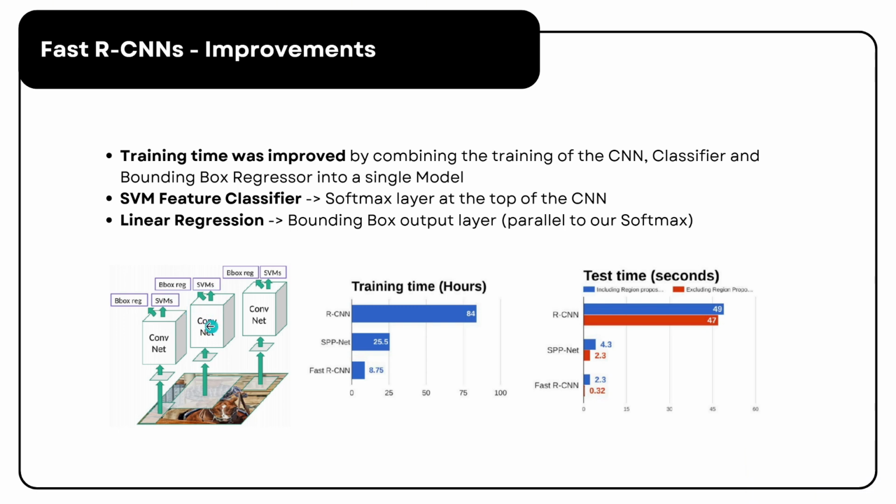Everything here, the classification and bounding box regression, happens inside one network. So Fast RCNN made object detection faster, simpler, and more accurate. But there was still one bottleneck left. Selective search was still used for proposing regions. That led to the next innovation, Faster RCNN, which got rid of the external region proposals altogether by learning that step within the network itself.